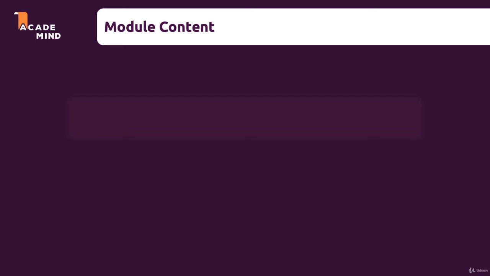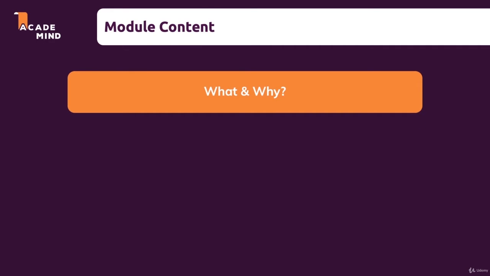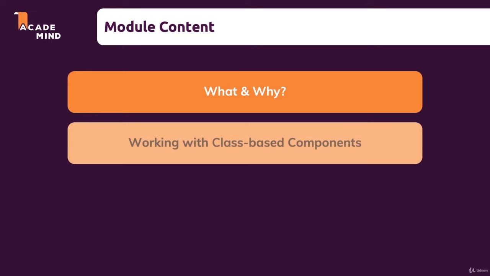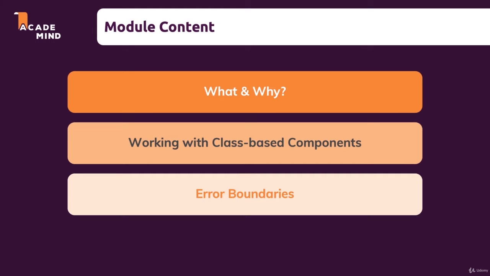I will explain what exactly class-based components are and why they exist. We will learn how we can build class-based components and how we can work with them. And we're then also going to have a look at error boundaries, and at least this is something you should take a mental note to come back to, because error boundaries right now require class-based components to be built.